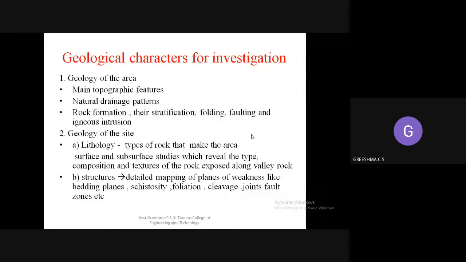All these things have to be studied in the first stage, that is geology. First of all, you have to study the topography of an area, the river patterns, and the rock lying over there, its stratification, faults, and igneous intrusion. Secondly, you have to see the geology of the site.